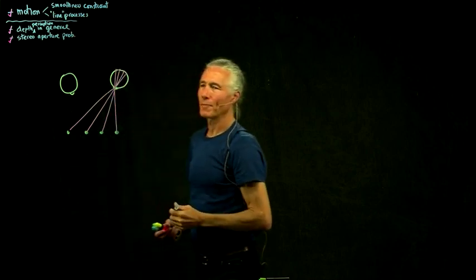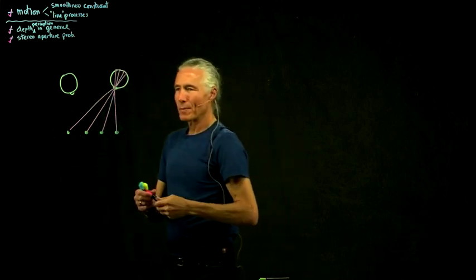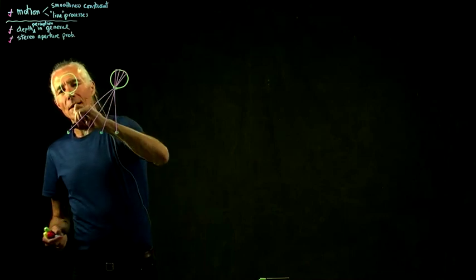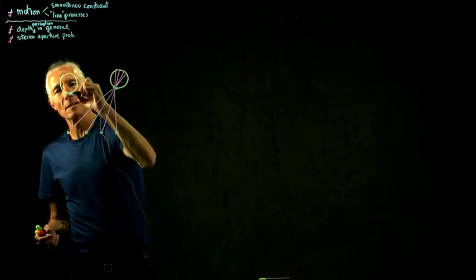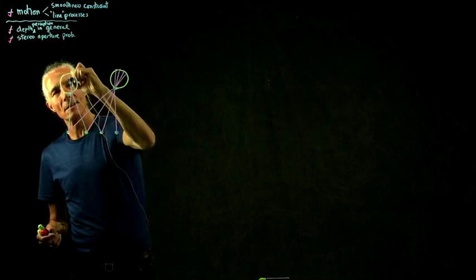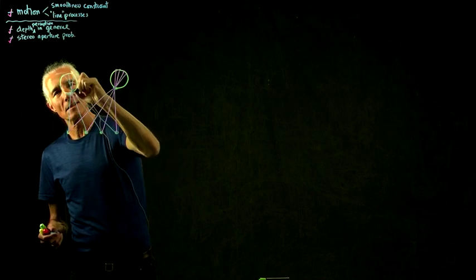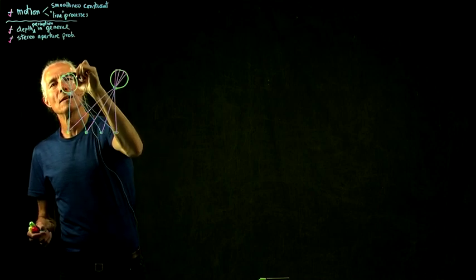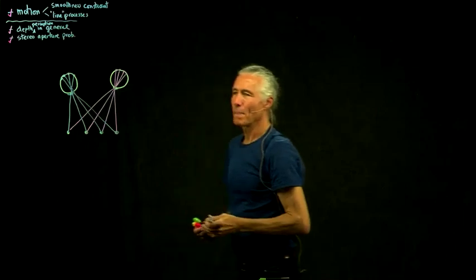And then the same thing will happen in the other eye. Let's make the lens. So this is going to go there, and there, and there, and there. So we've got 4 dots on the other side.